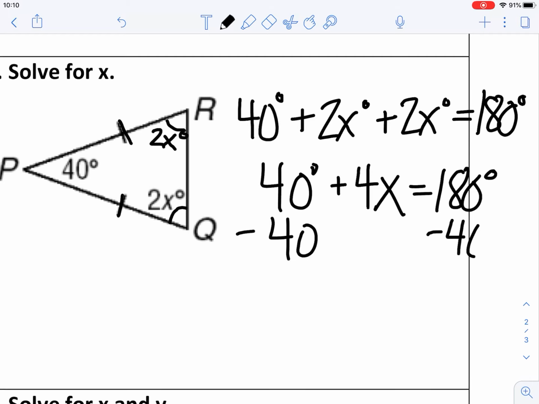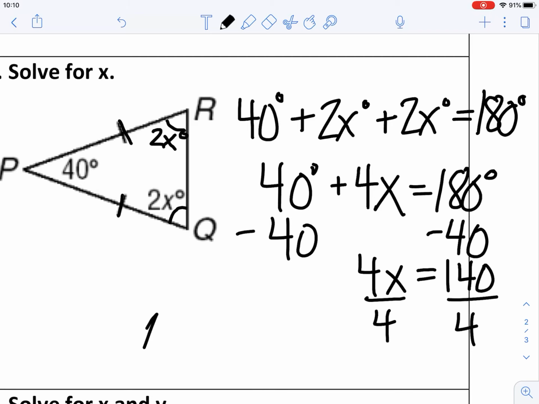We'll subtract 40 from both sides. 4x is equal to 140. And divide both sides by 4. X is equal to 35 degrees.